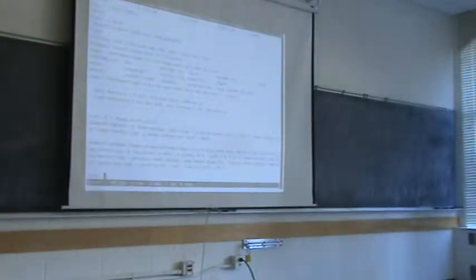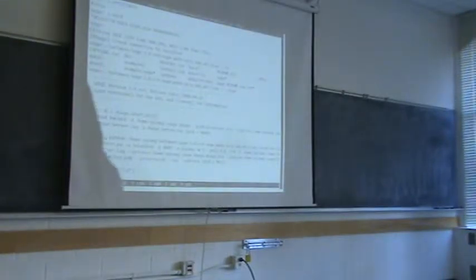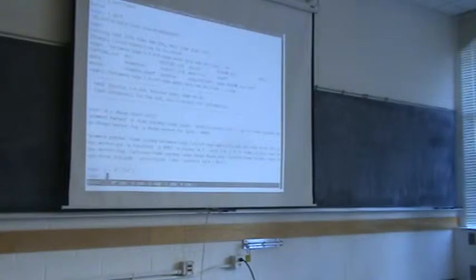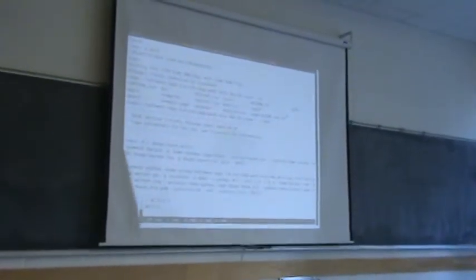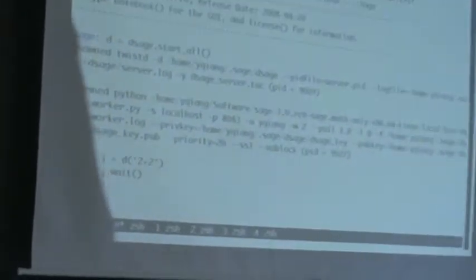Then you can send jobs like this: j equals d, and then 2 plus 2. It'll create a job, put it on the server, and some workers will go and fetch it and process it. If you do j.wait, it'll wait until some worker's done the job, and then you can get the result, which is 4.